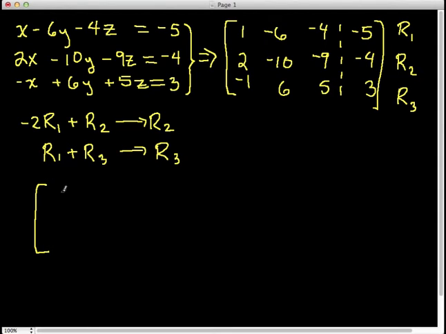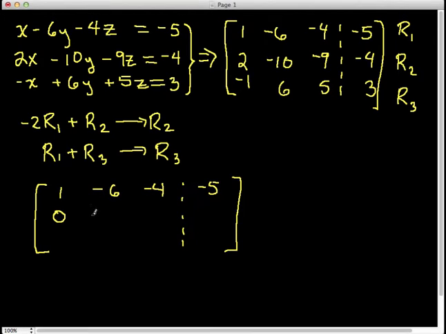So let's see. Nothing happens to the first row, so that just stays the same. I'm not replacing that one at all. And so I'm just going to keep that there. And we'll see what happens to these other two rows. So -2 times this first row up here, that'll give me a -2 times 1, plus 2 gives me a 0, as expected. Now I'll take -2 times this -6. -2 times -6 is +12.